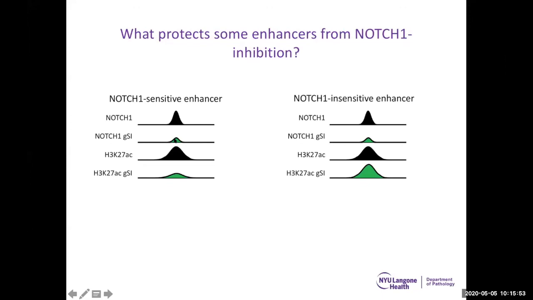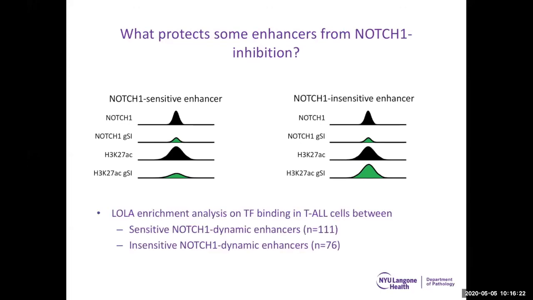You add GSI, gamma secretase inhibitors, you lose this binding, and then you lose K27 acetylation on the enhancer, which of course impacts looping. On the flip side, you have Notch-insensitive enhancers in which you lose Notch binding, but you don't lose K27 and you don't affect looping in this particular area.